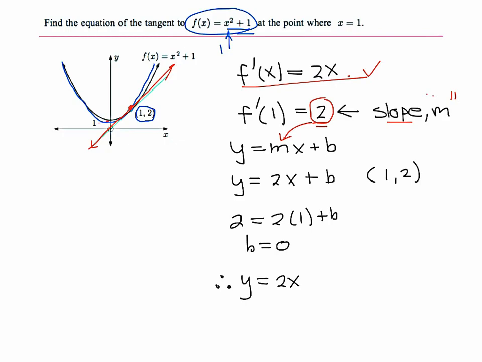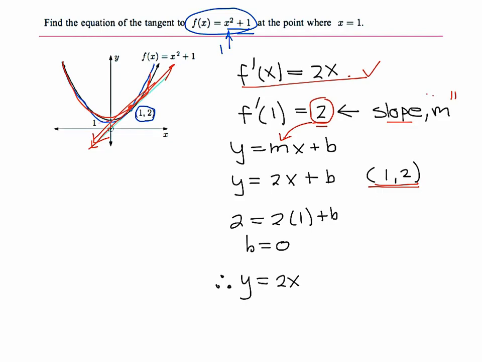Now we have y is equal to 2x plus b, and as we mentioned, (1, 2) is the point that we're going to be working with, because the equation of the tangent passes through (1, 2). So (1, 2) exists on the tangent line, and it also exists on this curve of x squared plus 1.